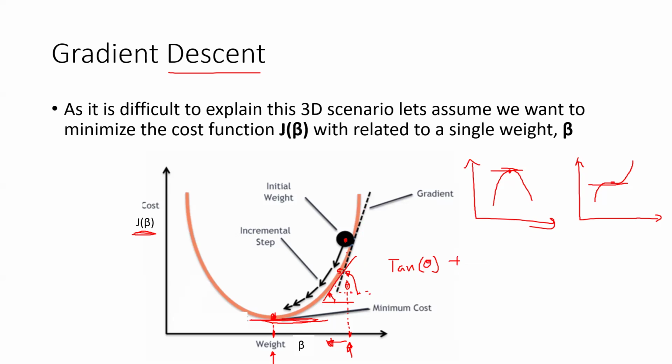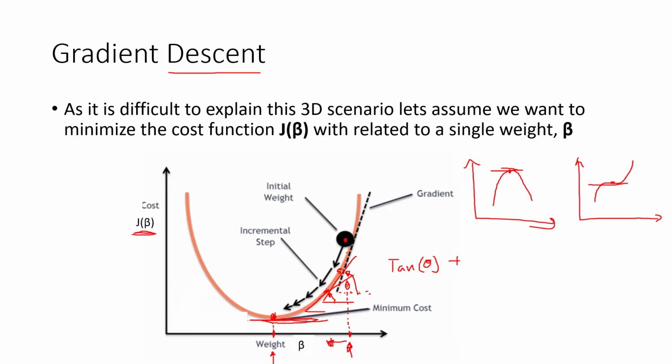We are moving in a direction again to this point, a smaller change in the beta value, and then we draw another tangent and find the gradient is reduced even more, but still greater than zero.